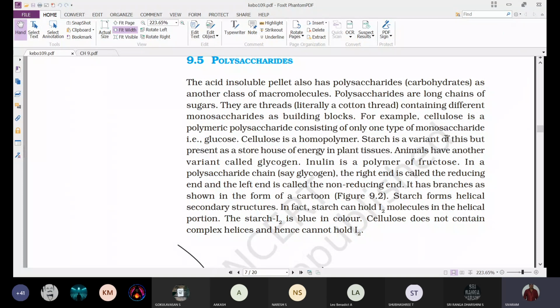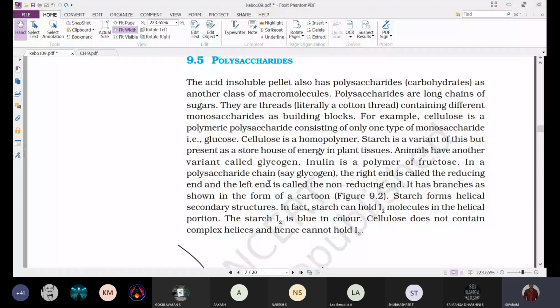Starch is a variant of this, present as a storehouse of energy in plant tissues. Animals have another variant called glycogen. And inulin is a polymer of fructose.